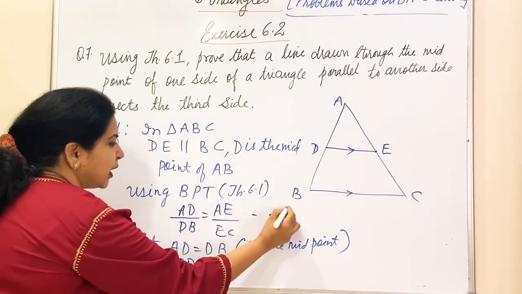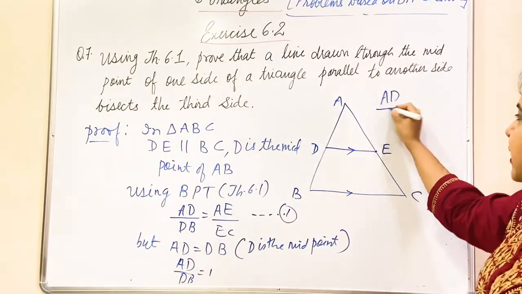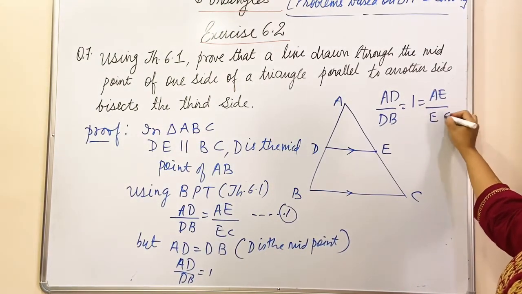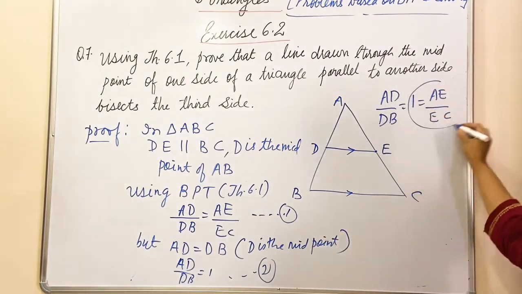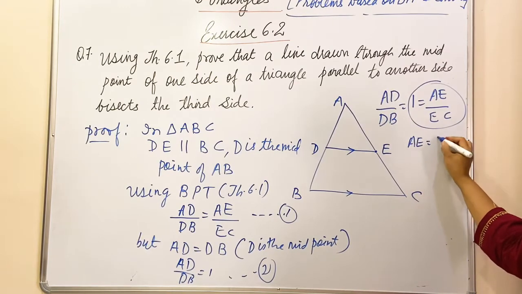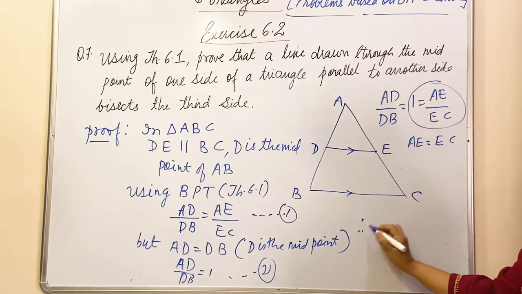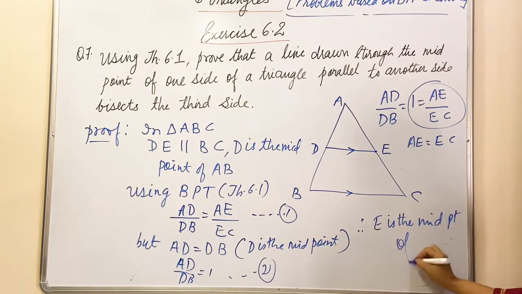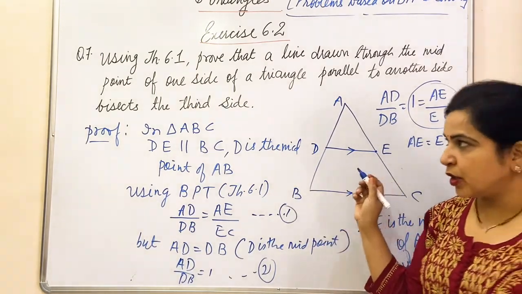And therefore, putting this value in equation 1, we get AD by DB is equal to 1, which is equal to AE upon EC. Using equation 1 and equation 2, we get this. So from this, we conclude that AE is equal to EC. Therefore, E is the midpoint of AC. Hence, proved. So, we have proved the midpoint theorem using the basic proportionality theorem.